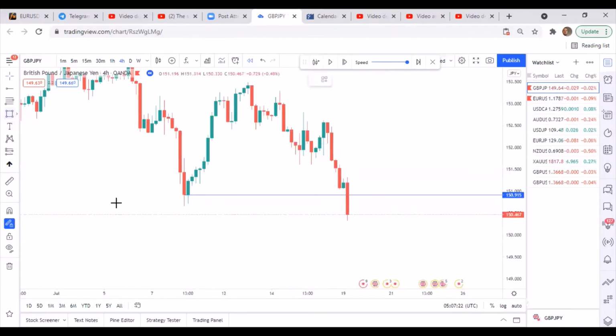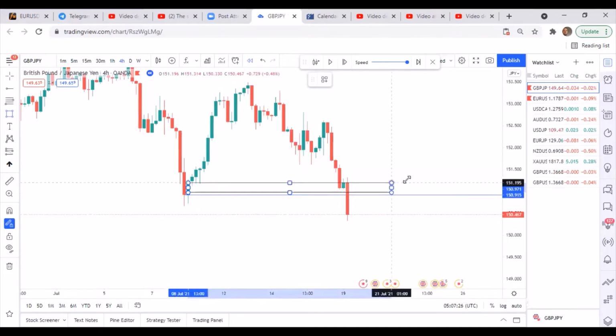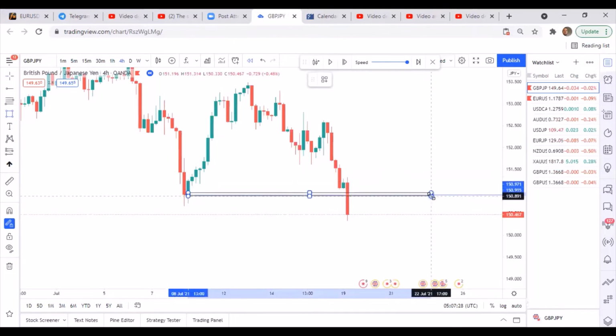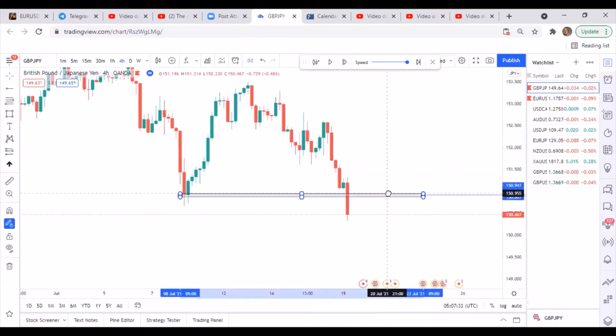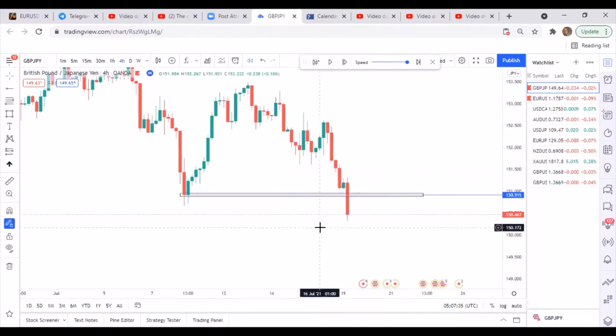So I can box this up as my level of support right there. Now support has been broken, it has turned resistance.